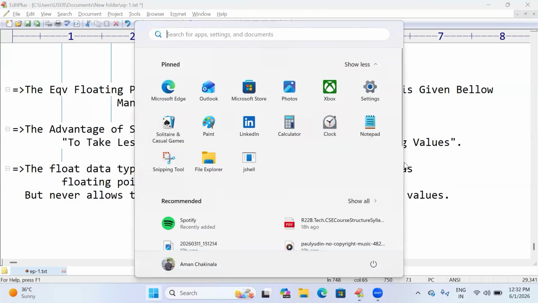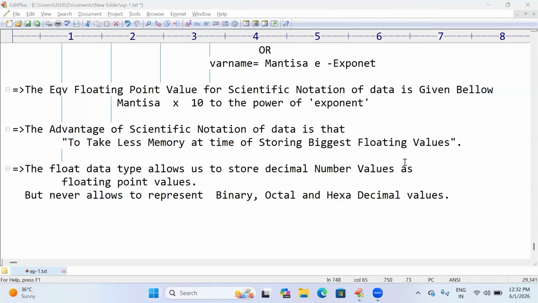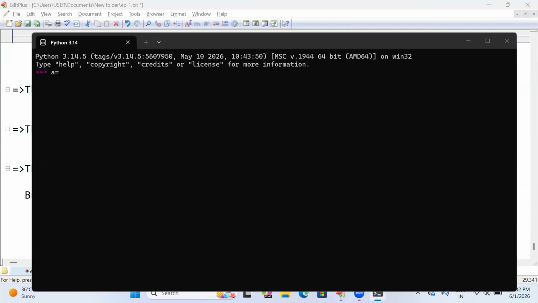Let's see. I'm opening the Python command prompt and declaring A is equal to 0B1010 dot 0B1110. If I declare it like this, it throws a syntax error, invalid decimal literal. So float allows only the decimal number system, not binary, octal, or hexadecimal.